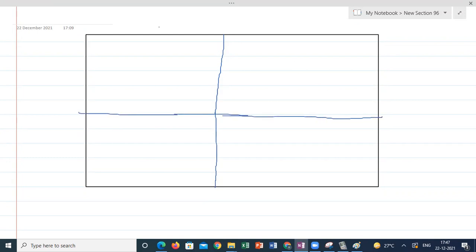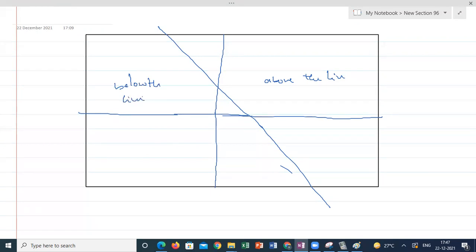I got a line like this, so the plane is divided into 2 parts. One is one side of the line, suppose this is above the line, and the other is below the line. So the set of all points lies either above the line, below the line, or on the line.